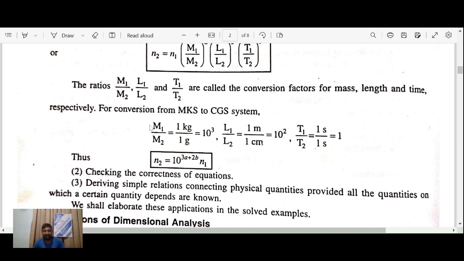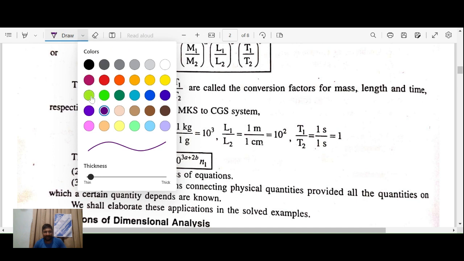It's given like this. M1 over M2 is 1 kilogram to 1 gram, because MKS means meter, kilogram, second. Here CGS means centimeter, gram, second. Once again, I will explain it in the simplest way. It's very easy to understand.